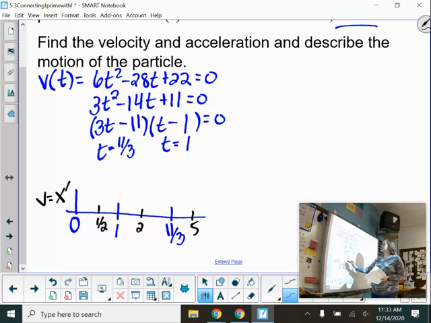When you multiply those two negatives together, you're going to get a positive, which means your particle is moving to the right. It has a positive velocity, so it's going to be moving to the right because we are looking at the horizontal. If I plug in 2, 3 times 2 minus 11 is negative. 2 minus 1 is positive, so that's going to give me a negative. So from 1 to 11 thirds, excuse me, we're going to be moving to the left.